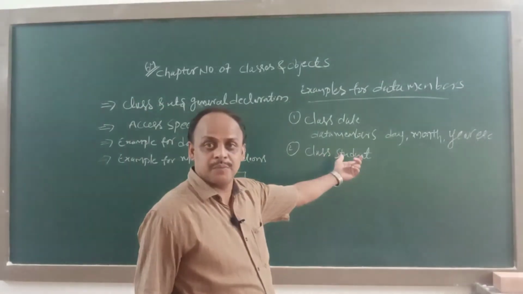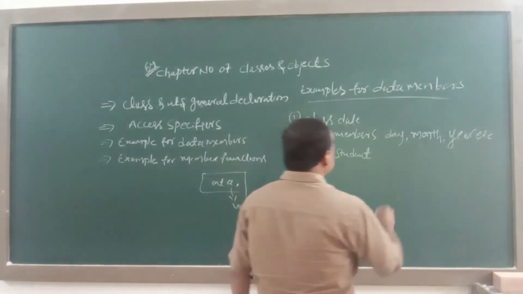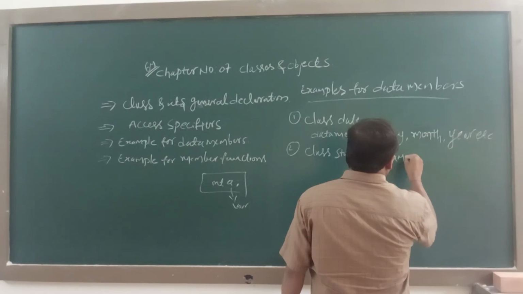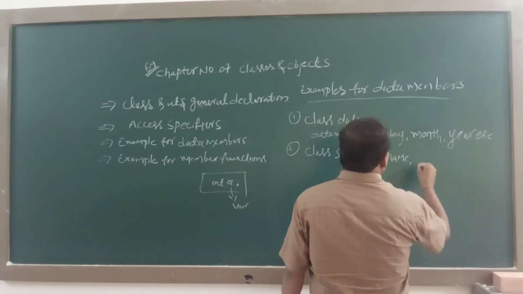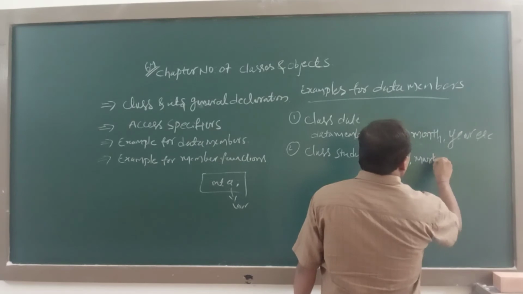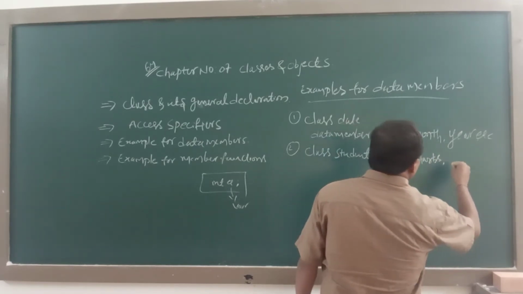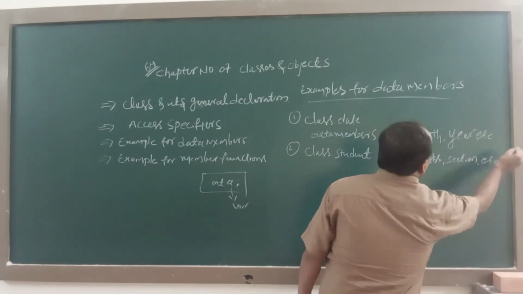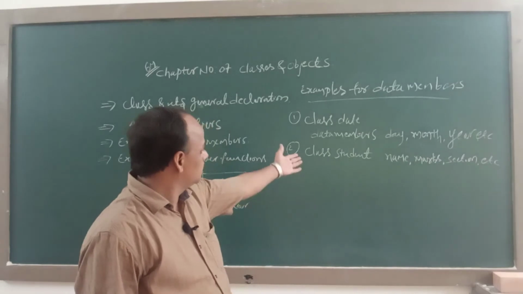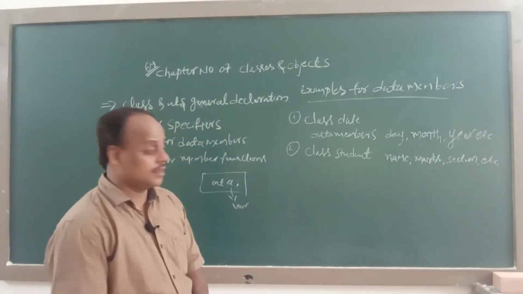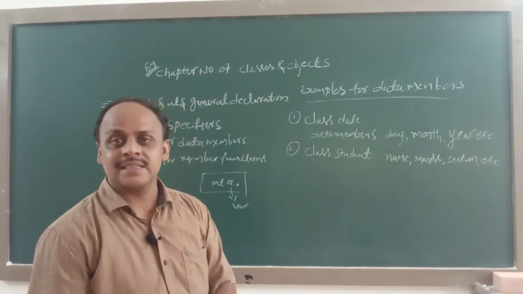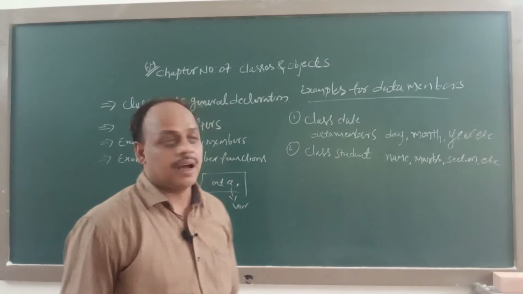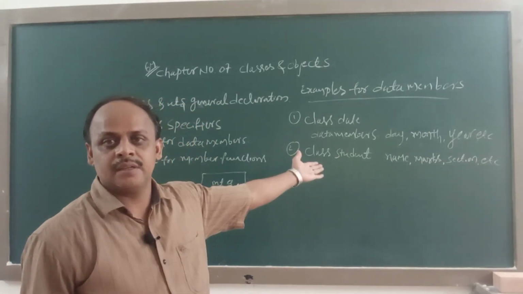If class is student, its properties may be name, marks, section, etc. So if student is a class, data members may be name, marks, section, means properties related to that student are considered as data members.